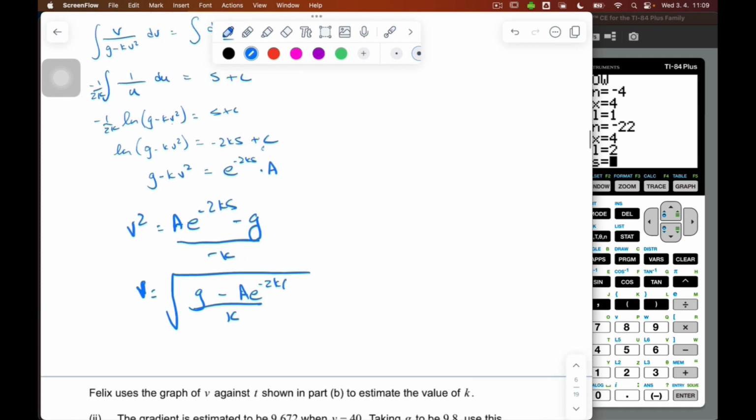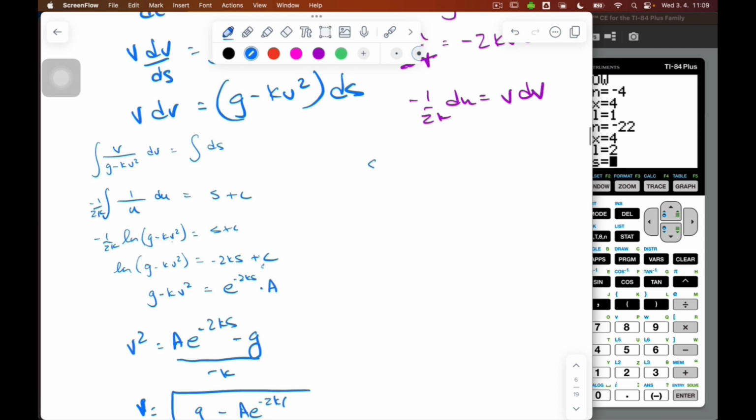Now, I am going to put in the initial condition of s equals 0, v equals 10, and g is 9.8.